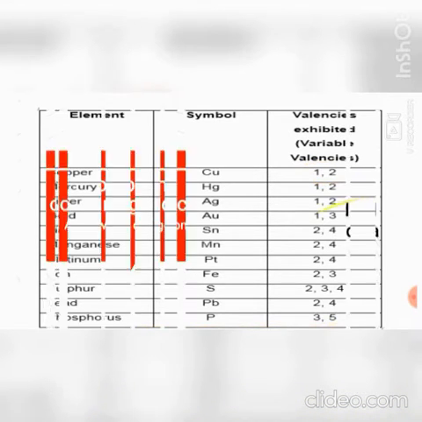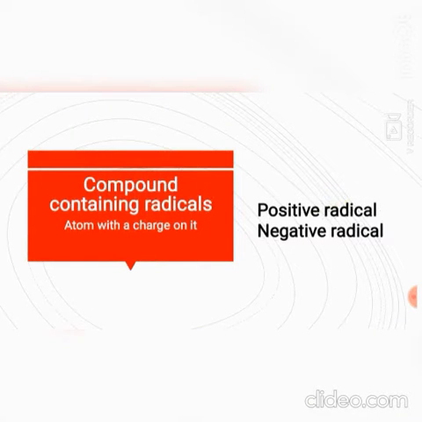For example, copper has valency 1, 2; mercury 1, 2; silver 1, 2; gold 1, 3; tin 2, 4; manganese 2, 4; platinum 2, 4; iron 2, 3; sulfur has 3 variable valencies. They are 2, 3, 4. Lead has 2, 4 valencies. Phosphorus has 3, 5 valencies.